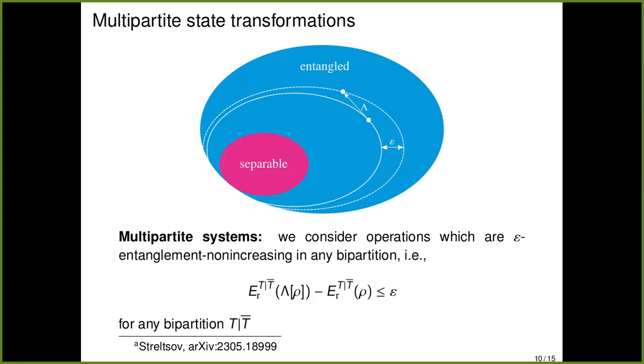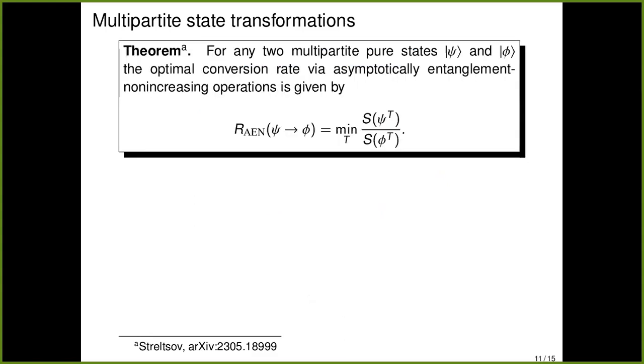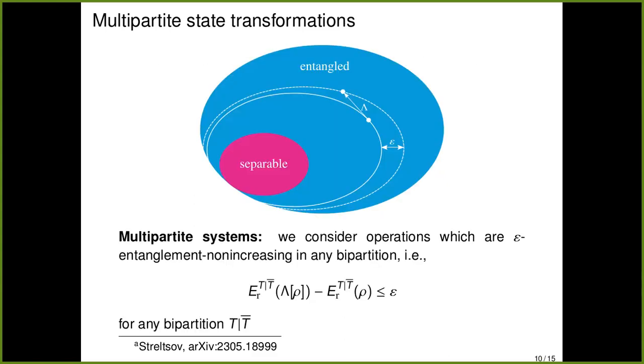We require that our operations increase the entanglement in this bipartition by at most epsilon. If it's true in all bipartitions, then the operations are epsilon entanglement non-increasing in the multipartite setting. The asymptotically entanglement non-increasing operations are then defined as in the bipartite setting, with respect to any bipartition. I hope the definition is clear.